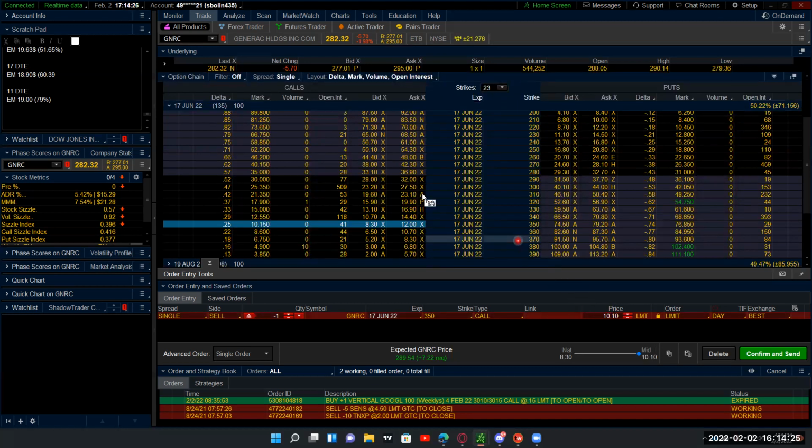Even if you get challenged, even if it starts to run at you, the expected move is $71. We're at 280. 280 plus 70, that is the 350. It would have to make every bit of that expected move, and it's supposed to take 135 days to do it. So if it starts running at you, it's not going to hit you.